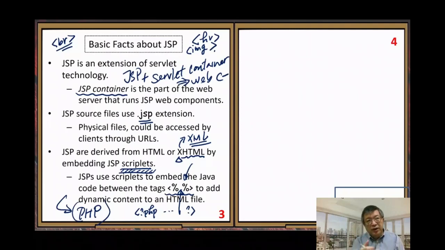The logic is pretty much the same. But for JSP tags, there are more variations. In PHP, we only have this type, and that's enough, so we can embed PHP code anywhere in an HTML file.